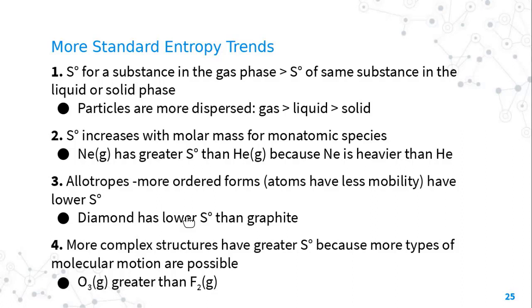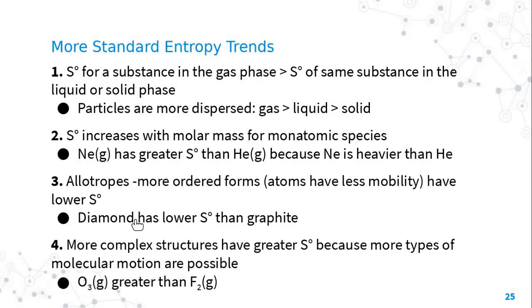If you know about diamond and graphite, they're both carbon compounds, but diamond is much more compressed and solid and harder to break. That's why getting fancy cuts of diamond is really expensive, because it's hard to break. It's really compressed, and because of that, it's not going to have as much movement and be as random.